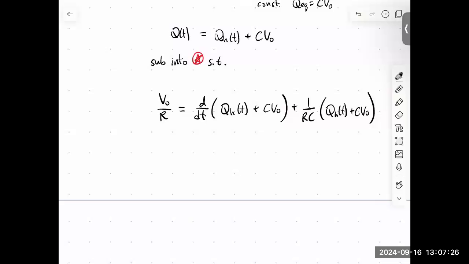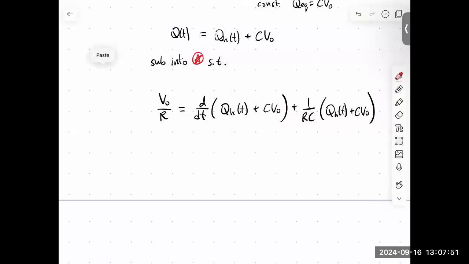All right. What is this first term going to be equal to? How could I simplify this first term? We have a time derivative of two terms. One of those is easy to evaluate. This is just a constant, right? And so this is d by dt of a constant, which is going to be 0.